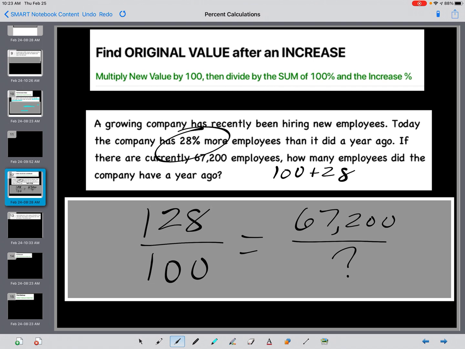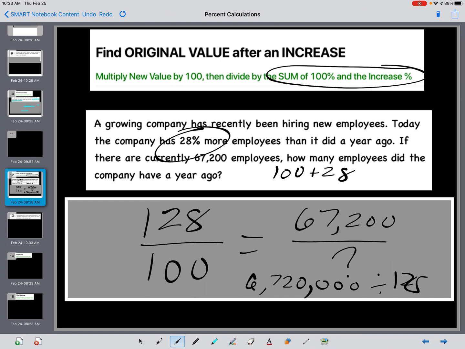Of course, that gives us, we tend to get these big numbers, 6,720,000. Then you just divide that, just like the formula says, by the sum of 100% and the increase percent. That's 128. When you do that division, you end up with $52,500. And so that is how you find the original value after an increase.